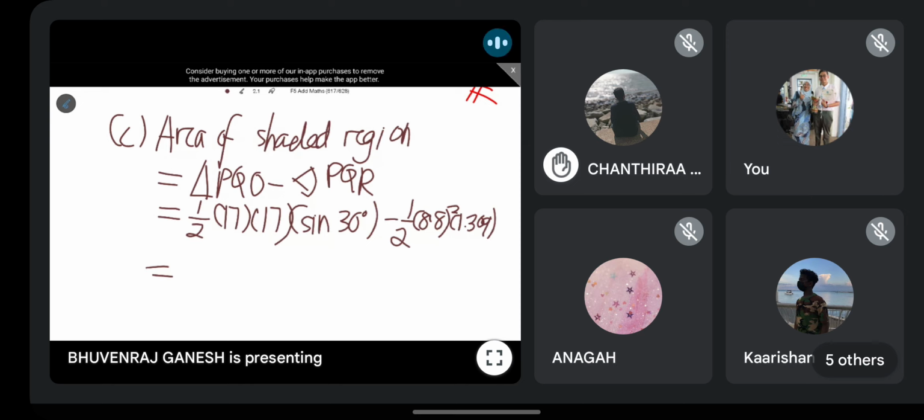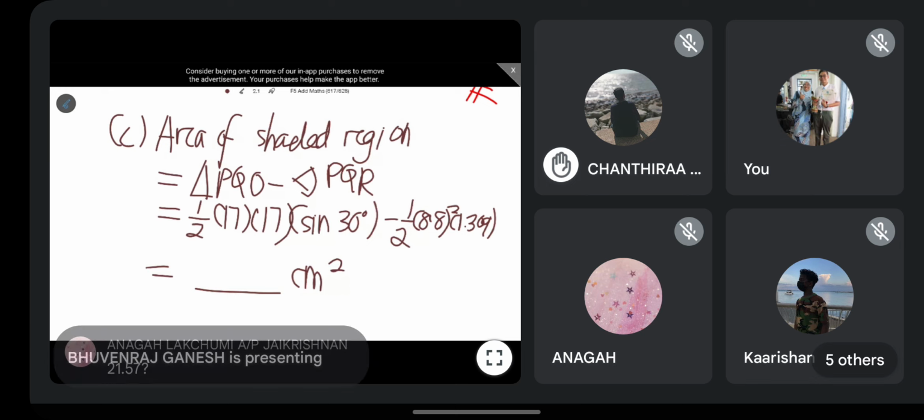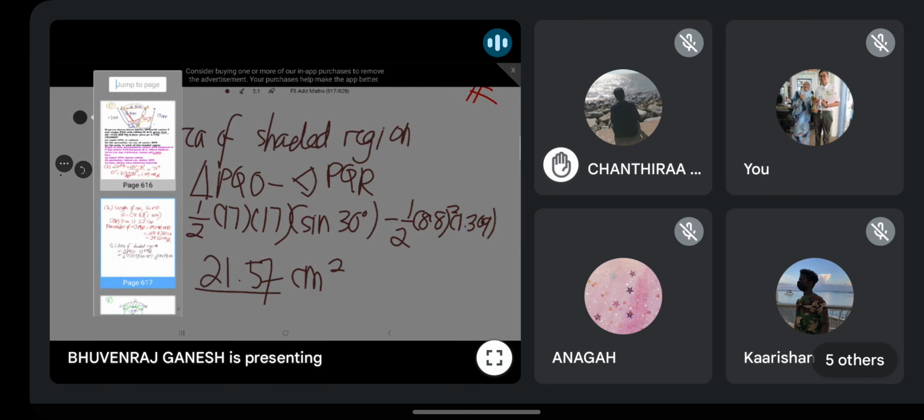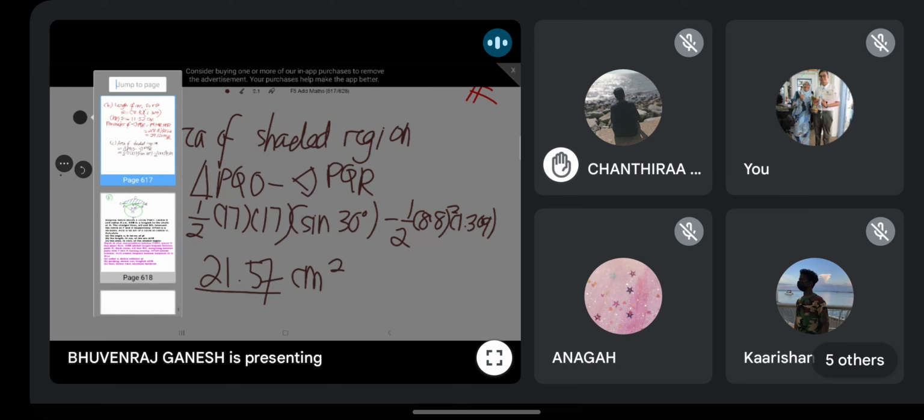What is the final answer for the area of the shaded region? Yes, 21.57 cm squared. You should get this answer. Understand? Hopefully you are all clear for question 10. So this is how we solve it.